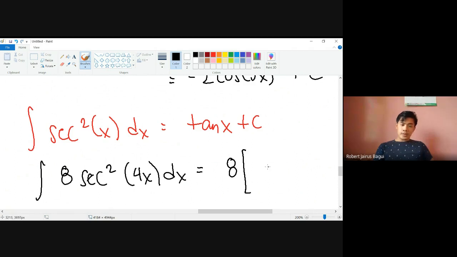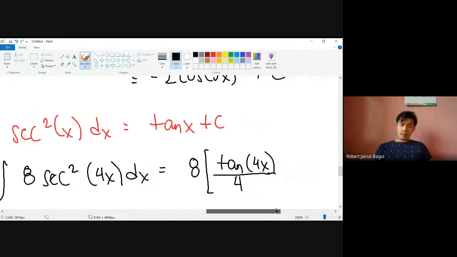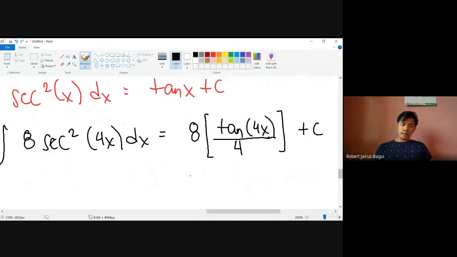Then yung secant squared, magiging tangent lang since yun yung kanyang integration. 4x pa rin nasa loob. And since linear lang, over 4 lang naman. So, ibang method na pag hindi na siya linear or may exponent na. Pero as long as linear, pwedeng diretsong 4 na yun. Plus C.